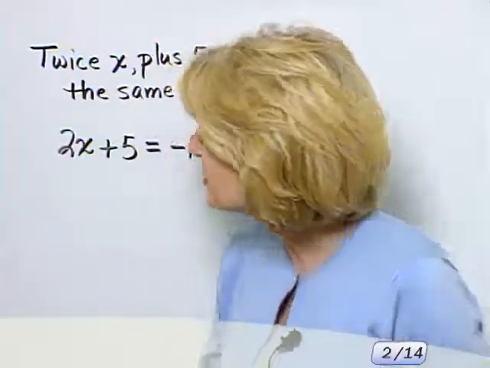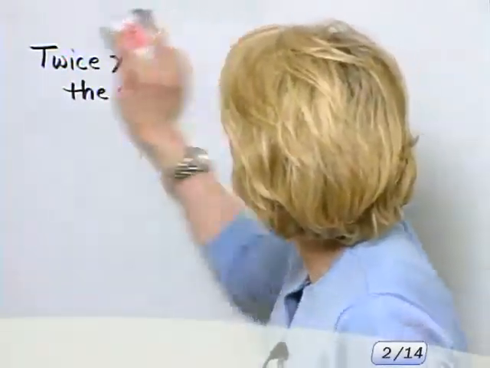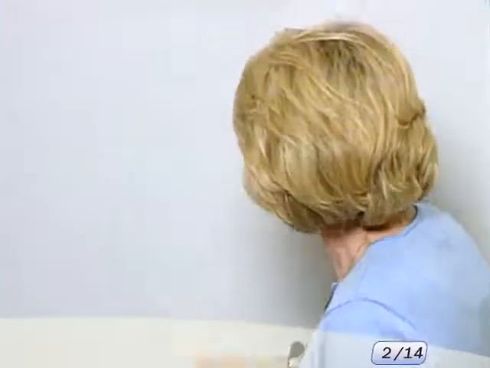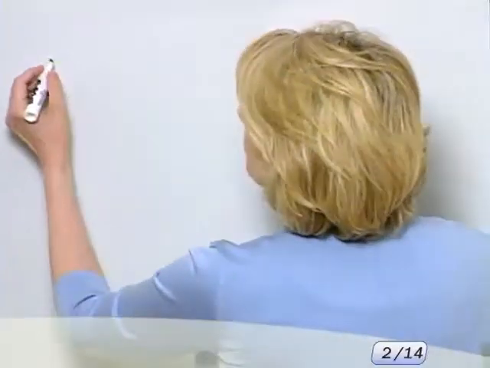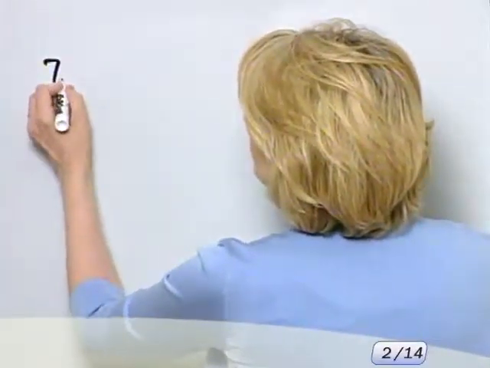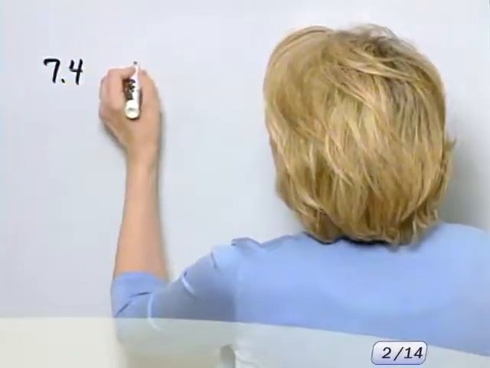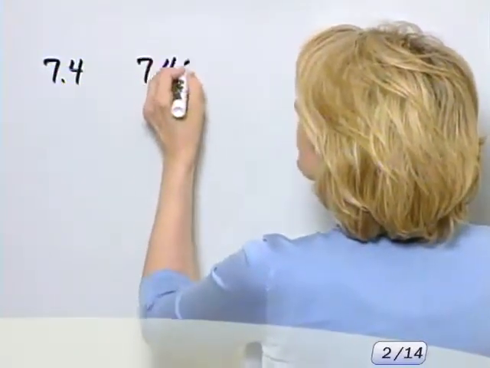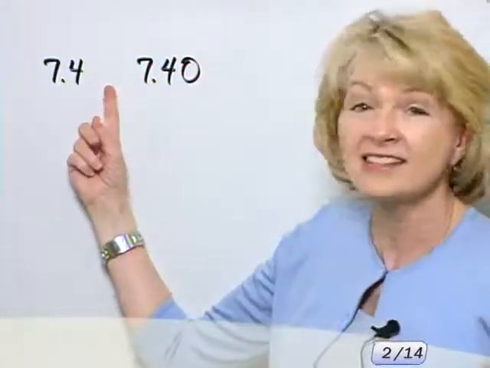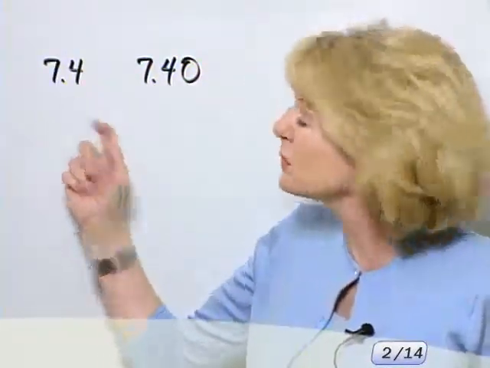Let's continue to use the symbols we just talked about. And let's suppose I have 7 4/10. And let's compare that with 7 40/100. I'd like to place a symbol between these two numbers that makes this a true statement.